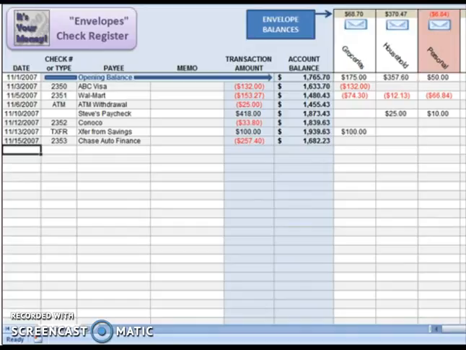Your car payment is not going to change. Your insurance, that's not going to change. So you're paying for all of that. When you've gotten all that stuff out of the way, whatever's left over, that's what you allocate into these envelopes. So, stuff like gifts, clothing, and any other discretionary stuff such as that.